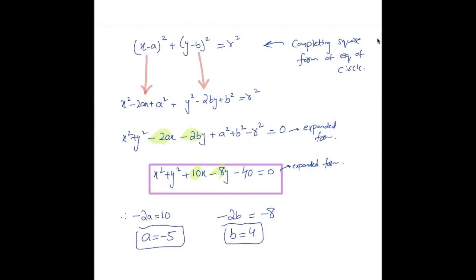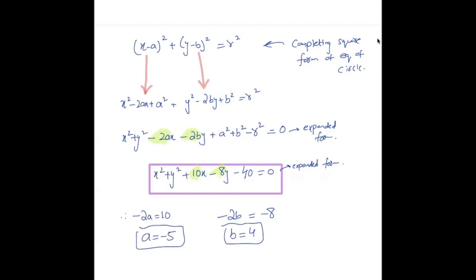The idea is that whenever they give you the expanded form of the equation of a circle, to find the center, take the coefficient of x and equate it to minus 2a, and take the coefficient of y and equate it to minus 2b.